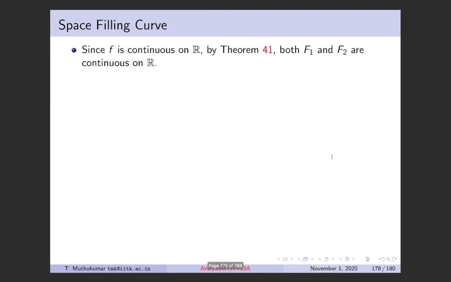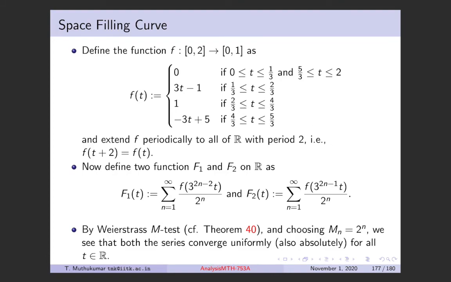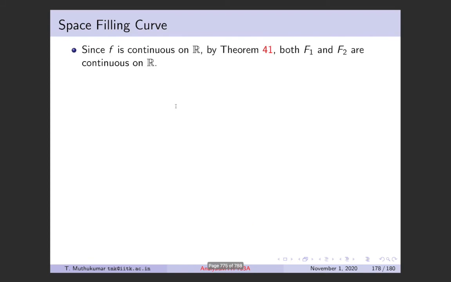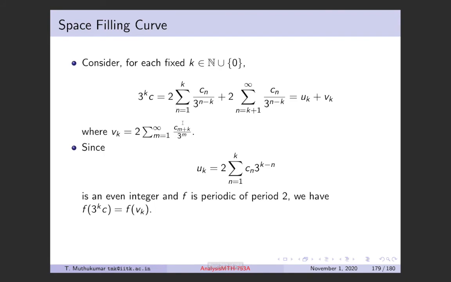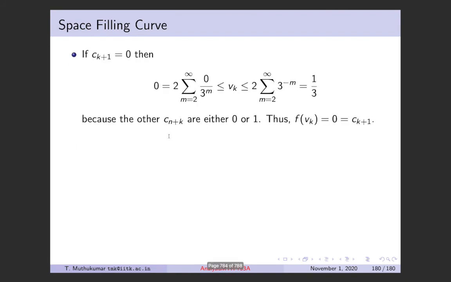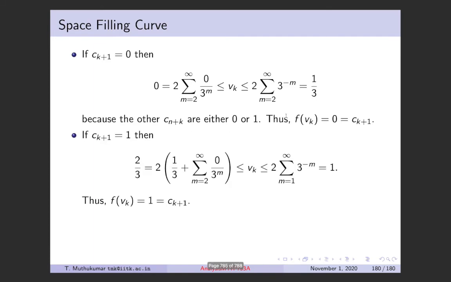You remember that? So what we have is f of vk is 1 here, which is the value c_{k+1}.